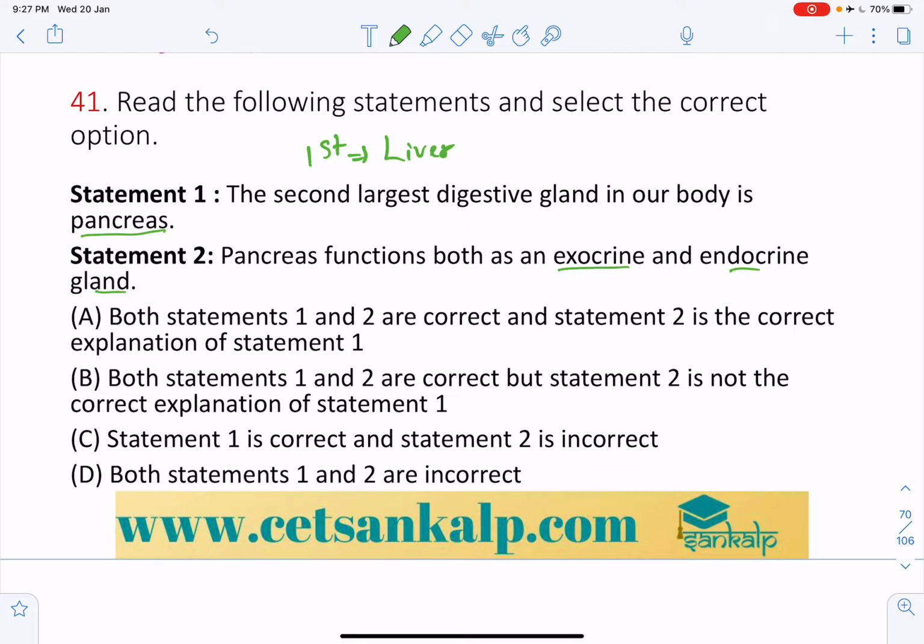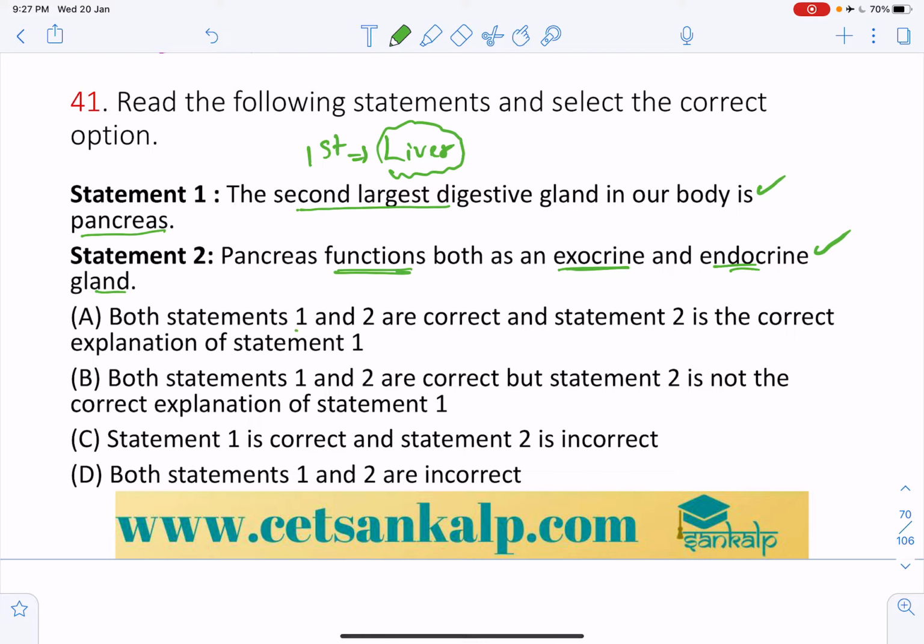They just mentioned the functional role of the pancreas, but they could have mentioned why it is the second largest, because it is a little smaller than the liver. Both statements are correct, but statement 2 is not the correct explanation for statement 1.